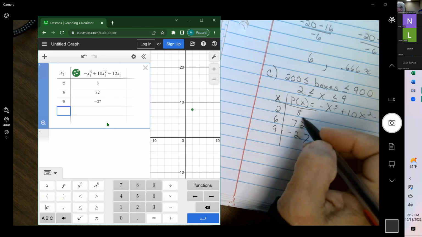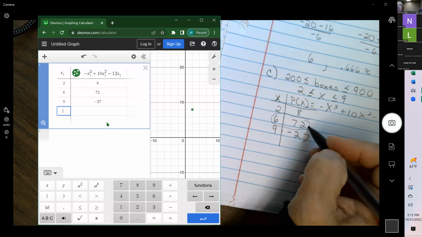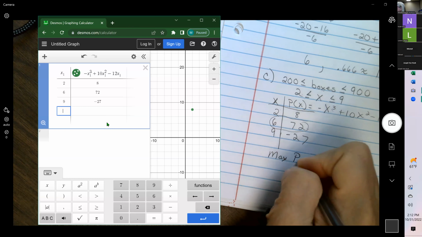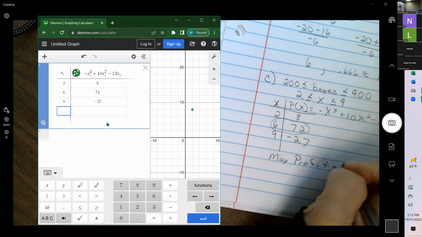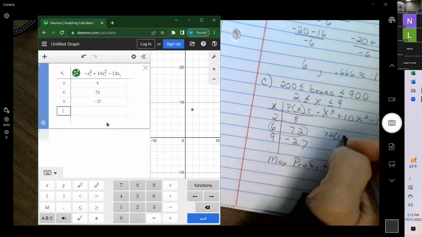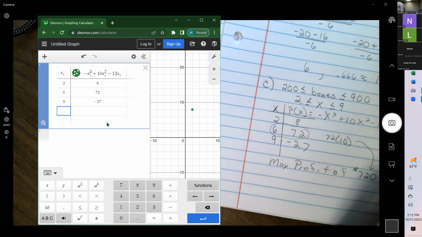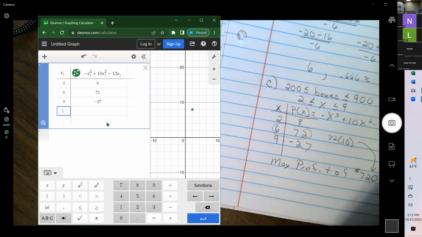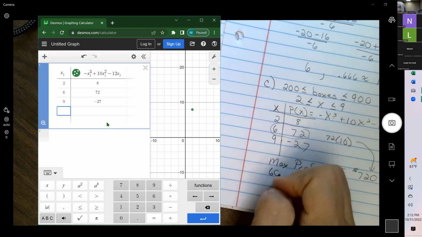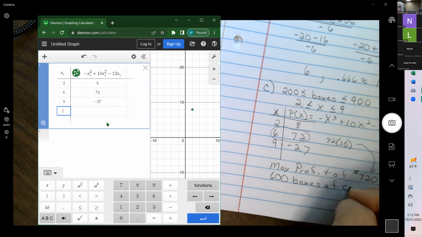We wanted to maximize, so you want the largest Y value. And profit was in tens of dollars. Maximum profit of 72 times 10, $720 when X is 6 and X is in hundreds, so 600 boxes of candy are sold.